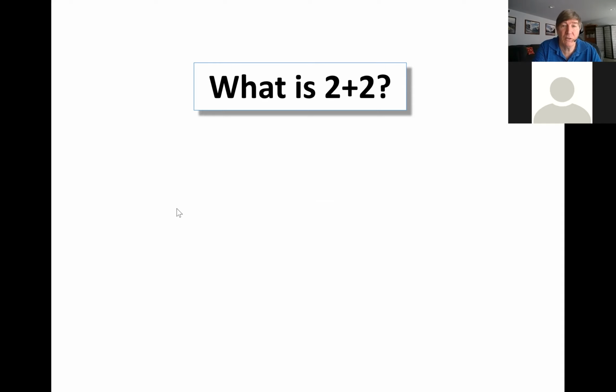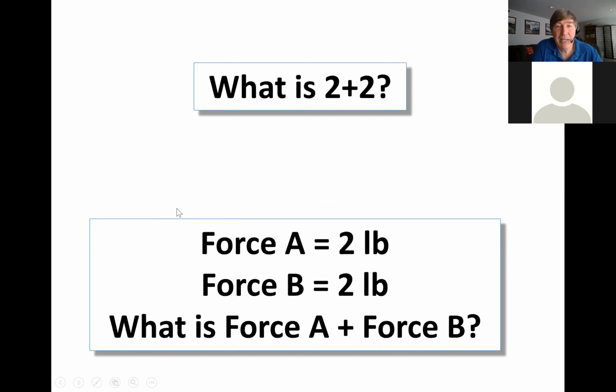Okay, let's start by saying I've got some object and somebody is pushing on that object. Let's say I've got two people, A and B. A is a girl named Alice, and B is a boy named Bob. Here is a rock. Alice is pushing on it with 2 pounds of force.